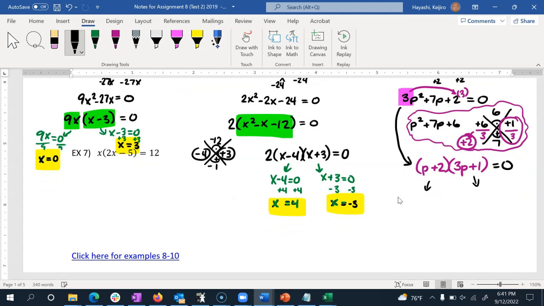And we'll just set each factor equal to 0. p plus 2 equals 0. Solving that should give us negative 2 as a solution. And we'll also set 3p plus 1 equal to 0.